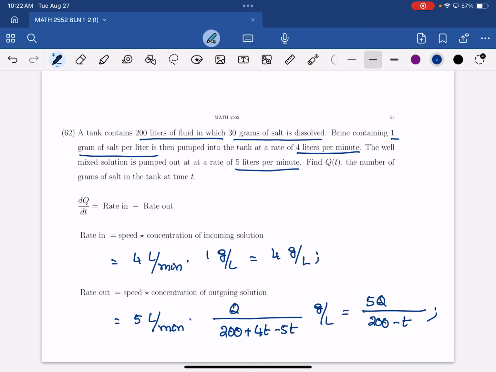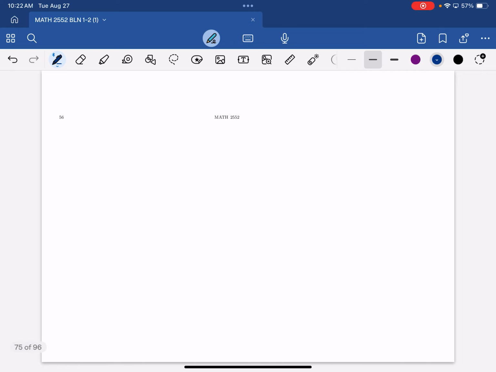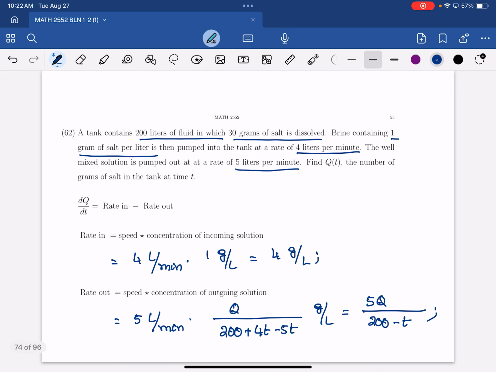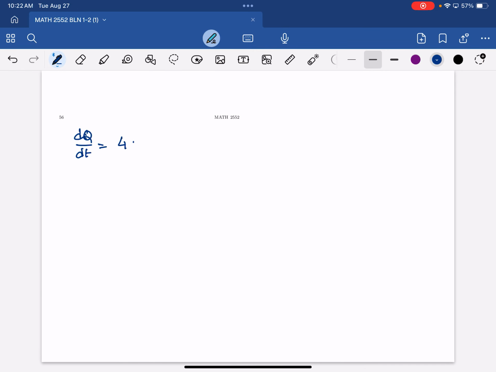Correct? So then I would write my differential equation as dq/dt equals 4 minus 5q divided by 200 minus t, where my initial value is q of 0 equals 30.